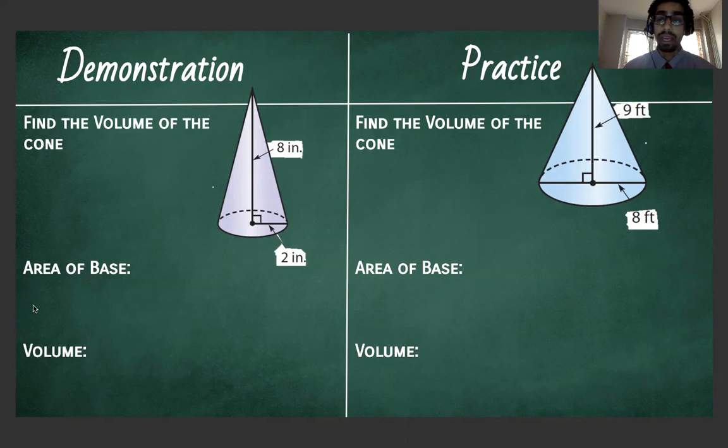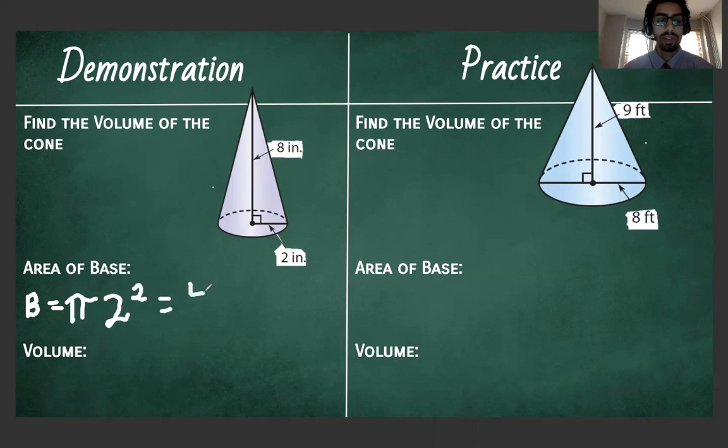The formula for the area of the base is just pi r squared. In this case, what is my radius? 2. So I just do pi times 2 squared. 2 squared is 4.